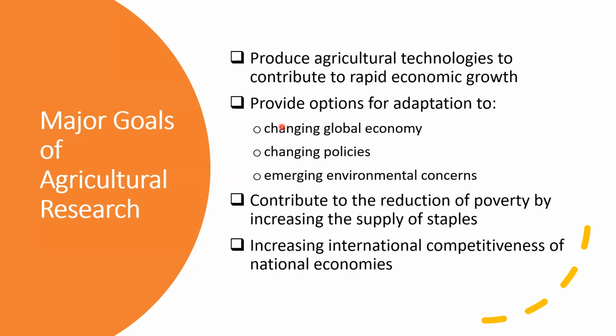So the first goal of agriculture research is to produce agriculture technologies to contribute to rapid economic growth. Because we have to compete with the economic growth. When your economic growth is high, of course the people will be well off, and they will demand more food. So you have to provide that food to the people.